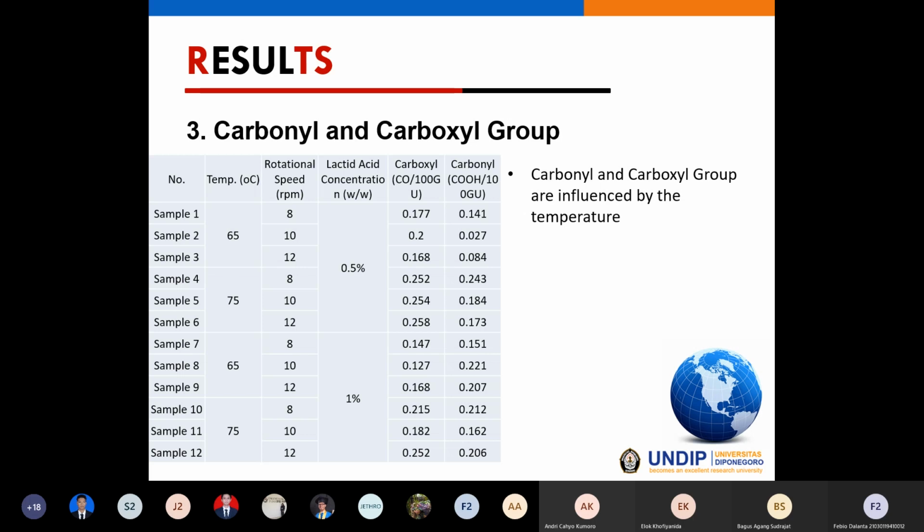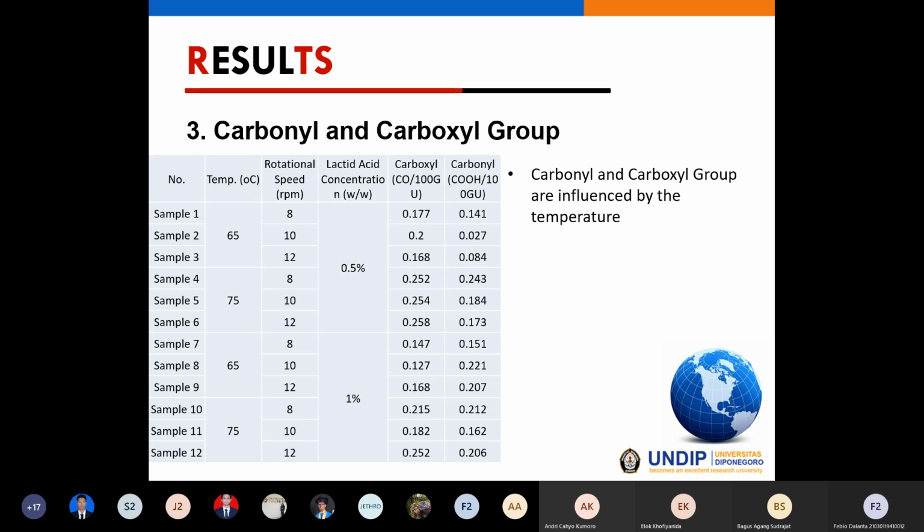For the carbonyl and carboxyl group, we can see that they are heavily influenced by temperature, not really by the lactic acid concentration or the rotational speed of the UV dryer.